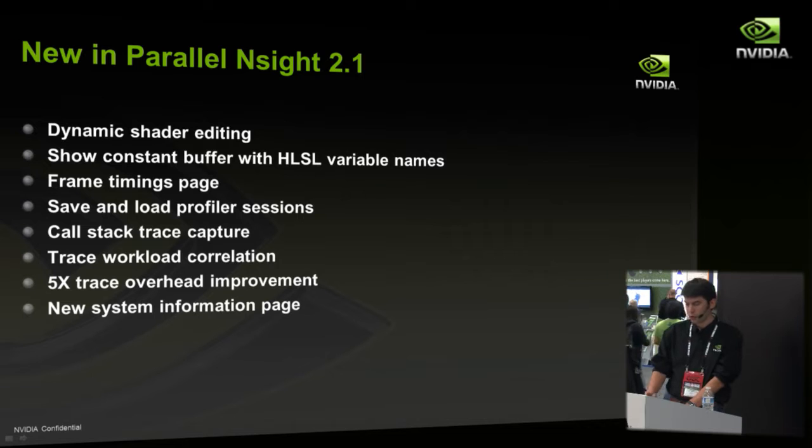We have trace workload correlation. That means that if you have a GPU event, like a draw call that's actually executing on the GPU, and we trace that, you can click on it and get full information for the API call that spawned it, and again go back to the call stack if you want to. We also have some overhead improvements, and a system information page for analysis.